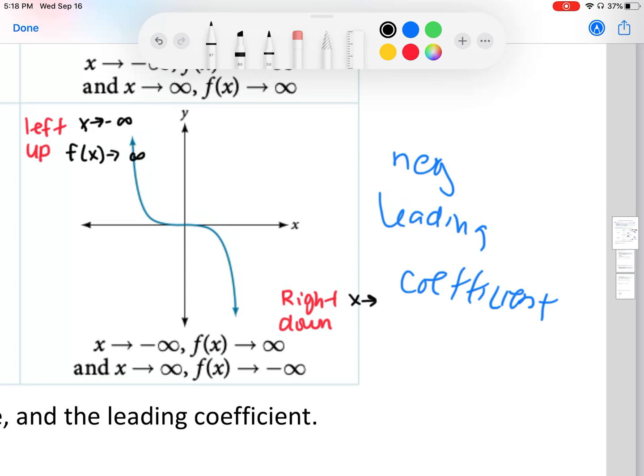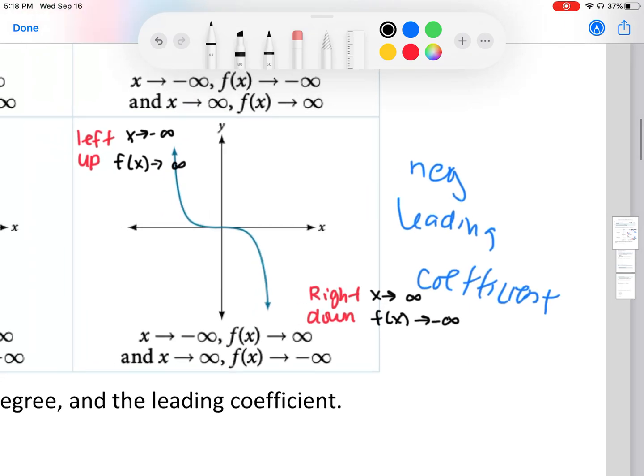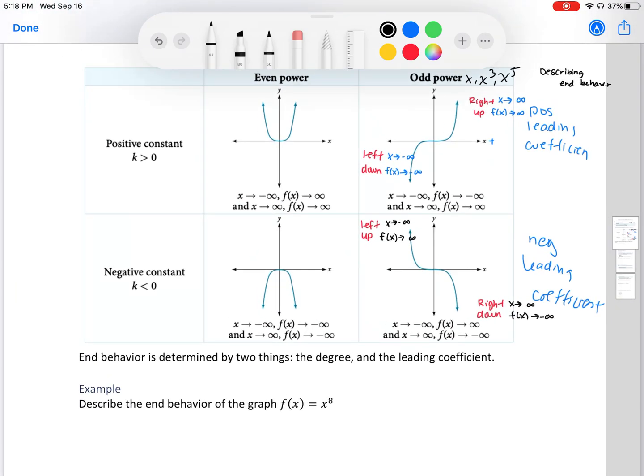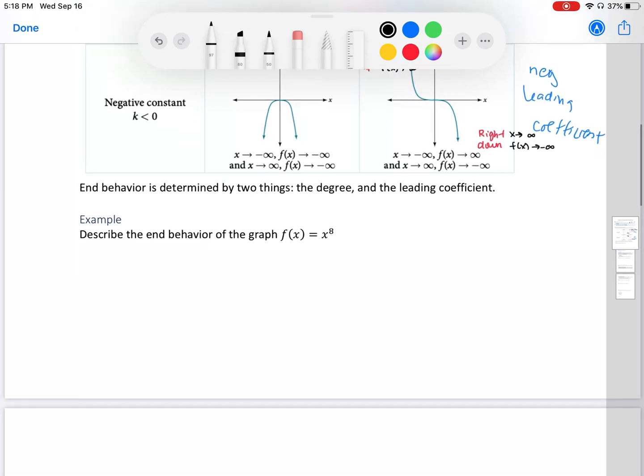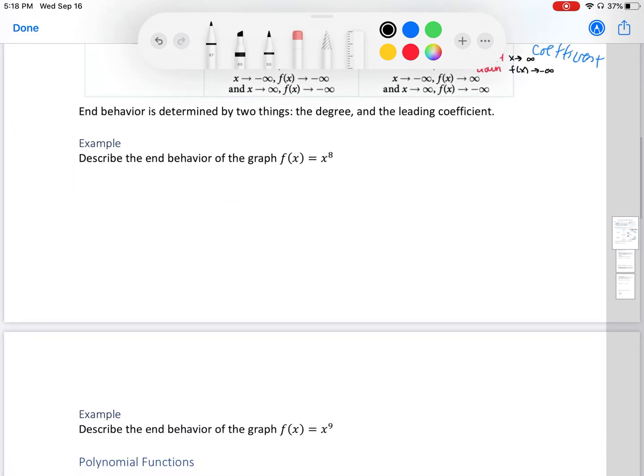And as x is approaching positive infinity, our function is approaching negative infinity. I like to think of left up and right up, or left down and right down, to help me keep track of what I'm trying to say. So with end behavior, it's determined by two things, the degree and the leading coefficient.